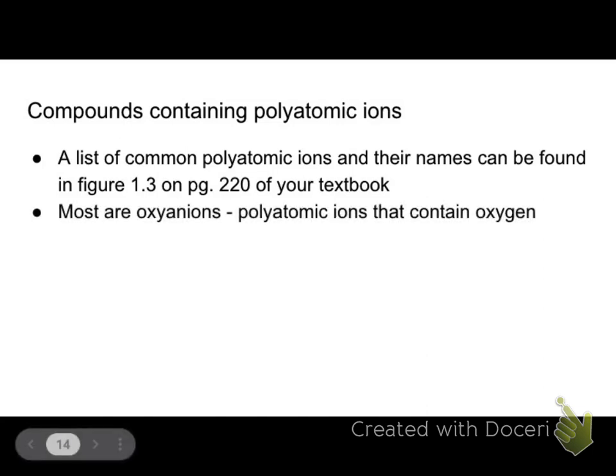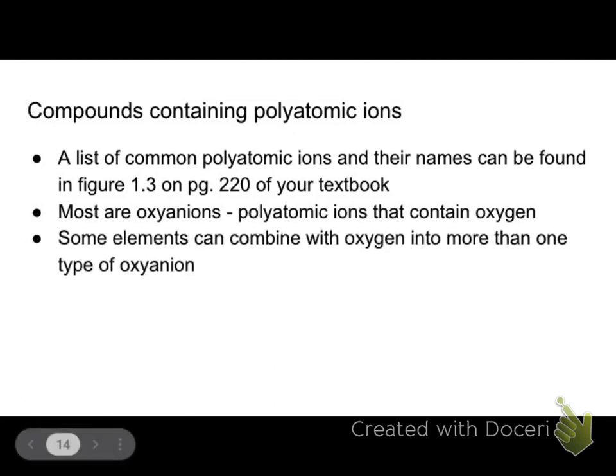Most of the common polyatomic ions that we're going to deal with are what are called oxyanions. You can break that down to mean that it is a polyatomic ion, it's negative because it's an anion, and it contains oxygen, hence the prefix oxy. So most commonly you're going to see negative groups of atoms that contain oxygen in some form.